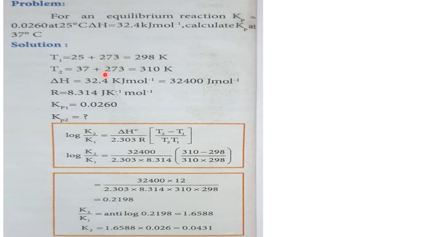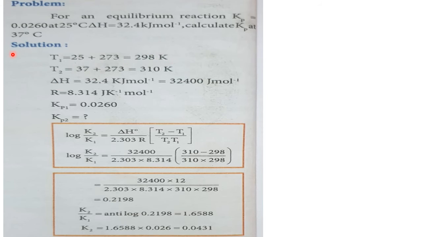The next is a problem. For an equilibrium reaction, the Kp value is given at 25 degrees Celsius, delta H is also given, and you have to calculate Kp at 37 degrees Celsius. So what is T1? 25 degrees, so 25 plus 273, you make it into the Kelvin scale, 298.